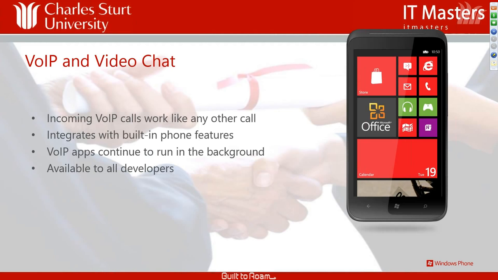The nice thing about the Windows Phone 8 implementation, versus the implementation we saw for Windows Phone 7, is the integration to the core platform makes it feel and look as if it's a built-in call experience. In the same way as when you receive a call via the normal mobile carrier, it appears in the middle of the screen and says person XYZ is calling. The same will apply when you get a Skype call.